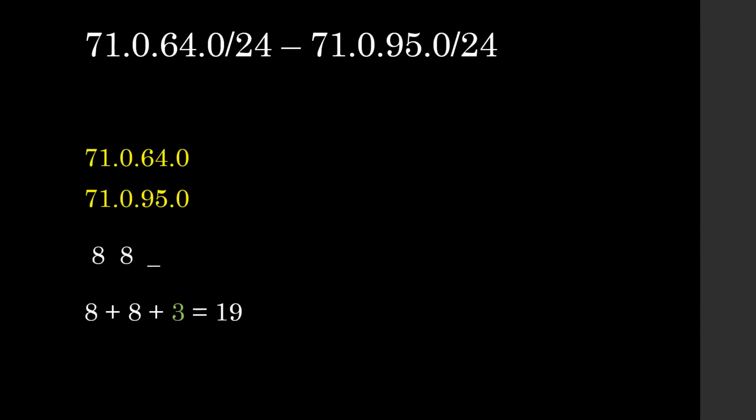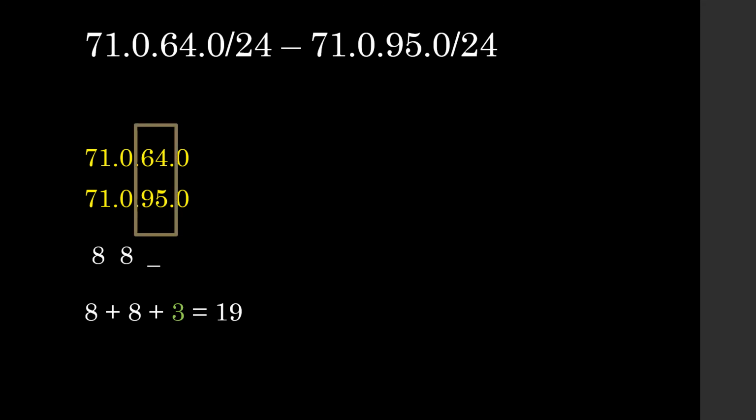Now we have to determine the new subnet mask. As you can see, the numbers changed in the third octet. So it gives us 8 plus 8, and we leave a blank on the third octet. So we have 19. Why is it 19?